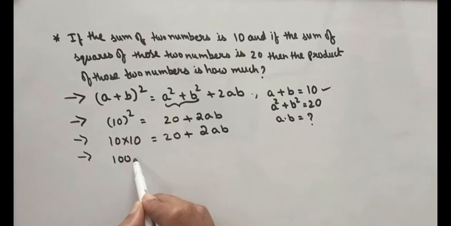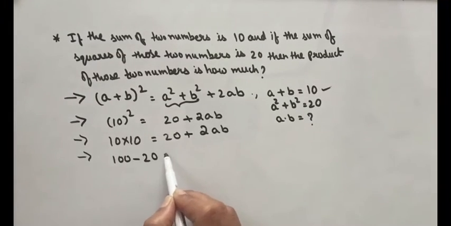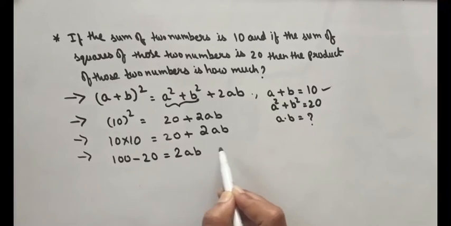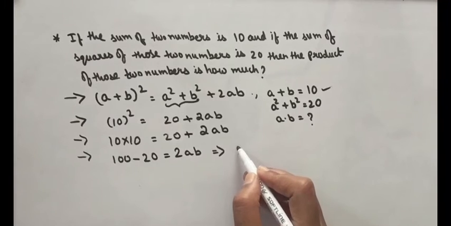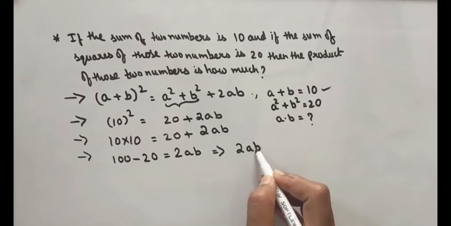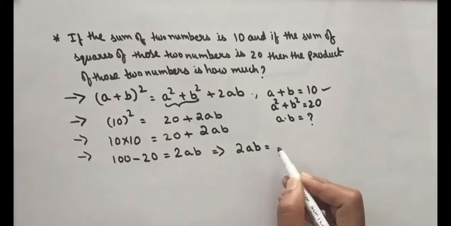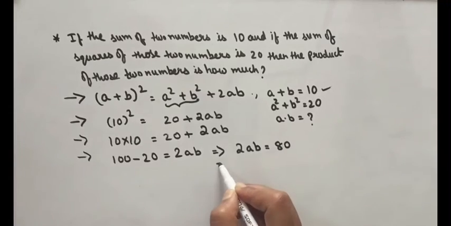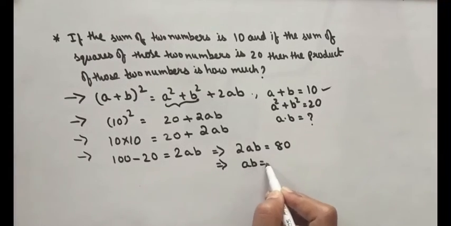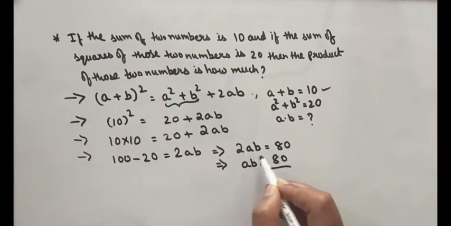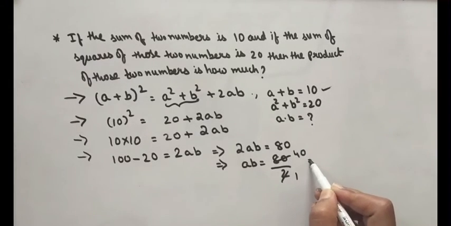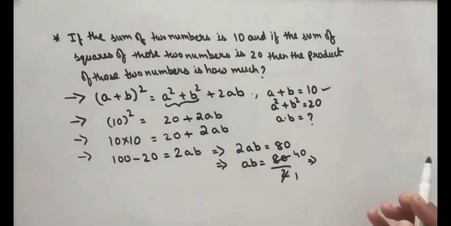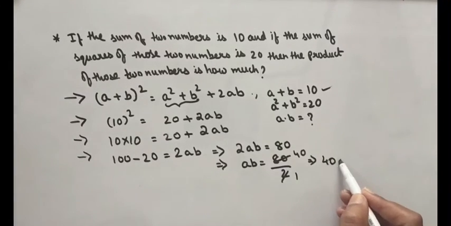If this 20 comes this side, minus 20 equals to 2AB. Now 100 minus 20 is 80. 2AB equals to 80. Now AB equals to 80 by 2. 2 fours are 8, 2 fours are 8, so AB equals to how much? 40.